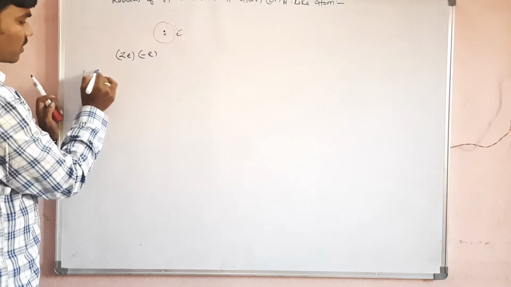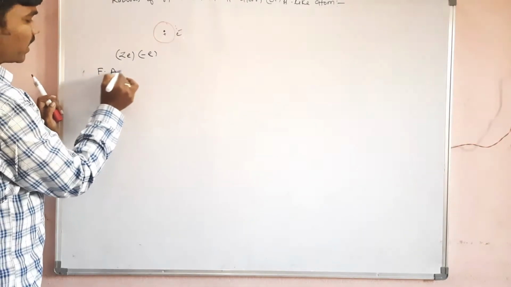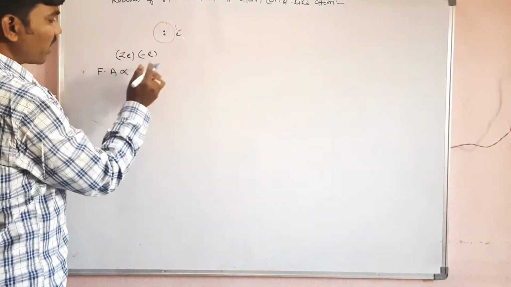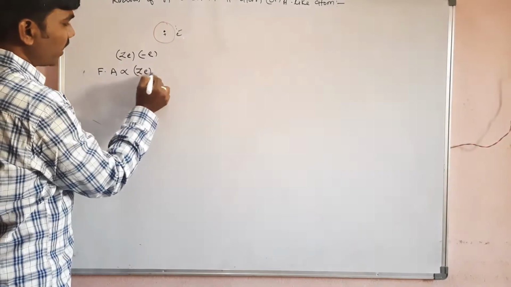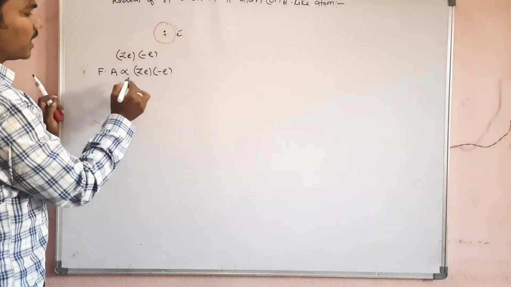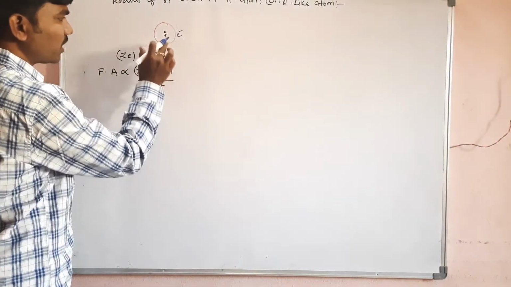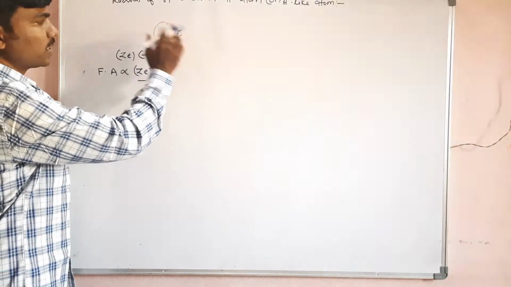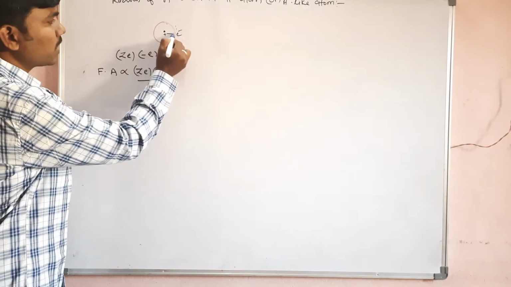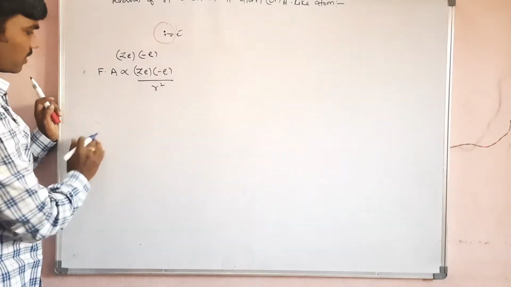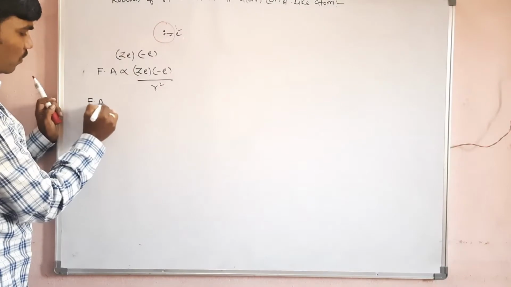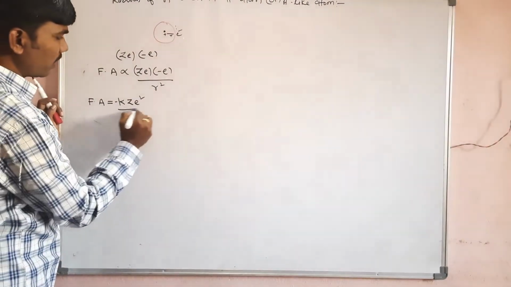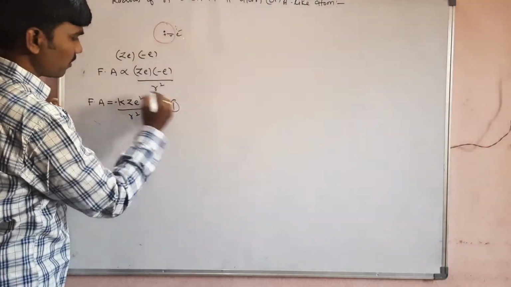According to Coulomb's law of attraction, the nucleus charge is Ze and the electron charge is e. The force of attraction is directly proportional to the product of charges, Ze and minus e, and inversely proportional to the distance between the two charges, the nucleus and the electron, which is r. To remove the proportionality, force of attraction is equal to minus K into Ze square by r square. Let it be equation number 1.